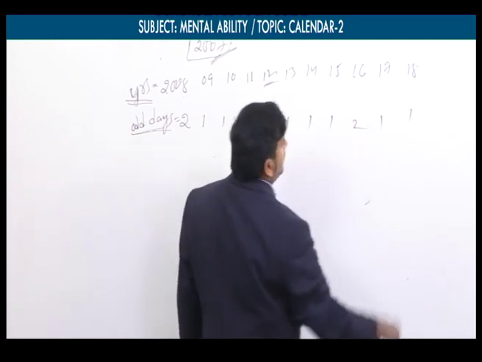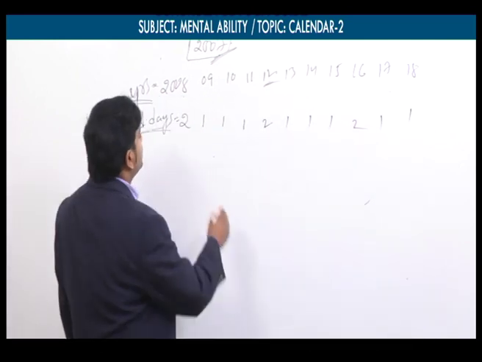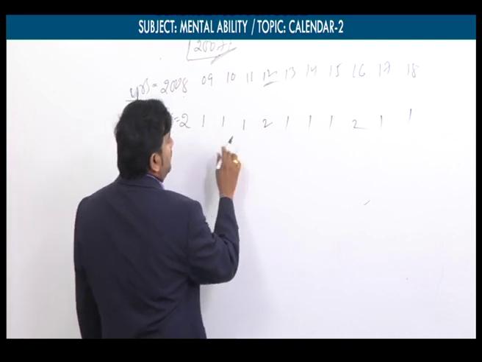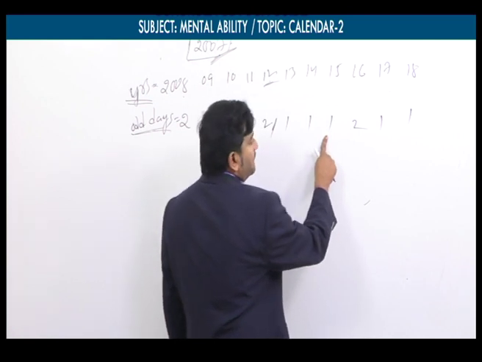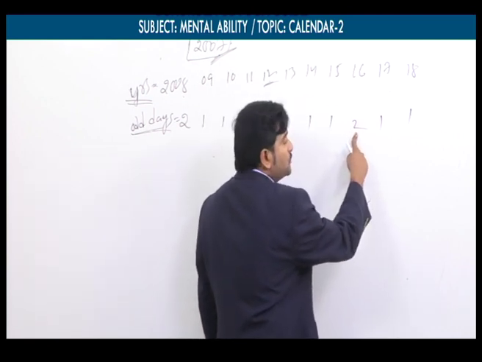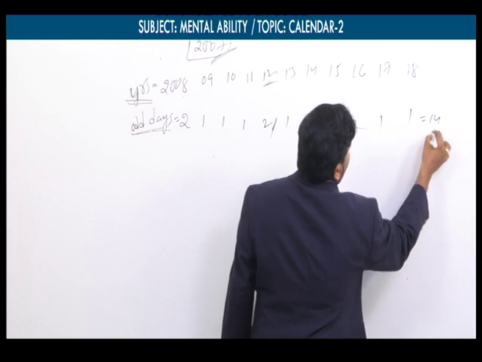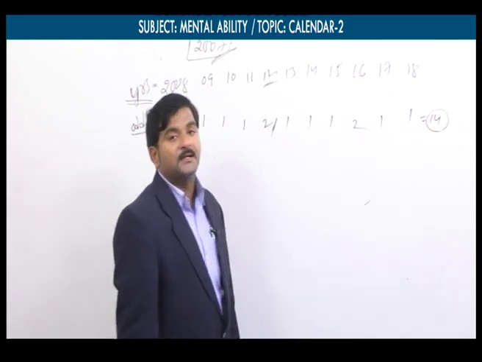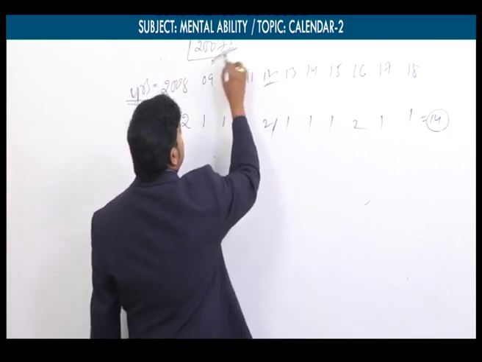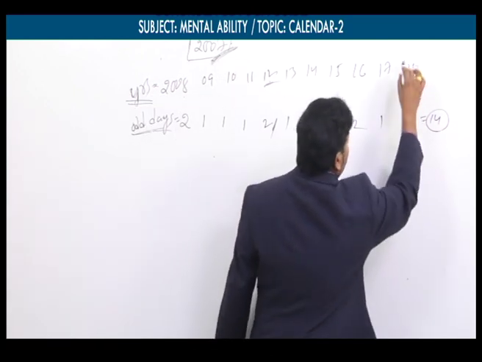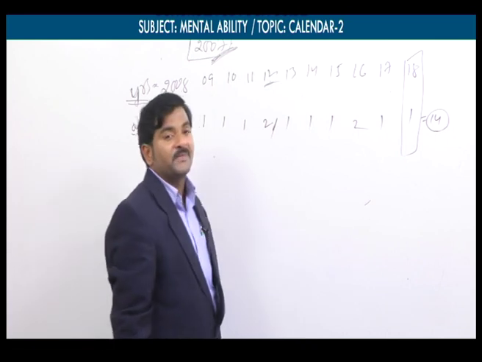So ordinary year, ordinary year. Add all these things: 2 plus 1 is 3, up to here I am getting 7, just now we discussed 7. 7 plus 3 is 10, 10 plus 2 is 12, 12 plus 2, how much am I getting? 14. Therefore 14 is a multiple of 7. That's why now proudly we can say 2007 and 2018, these two years have the same calendar.